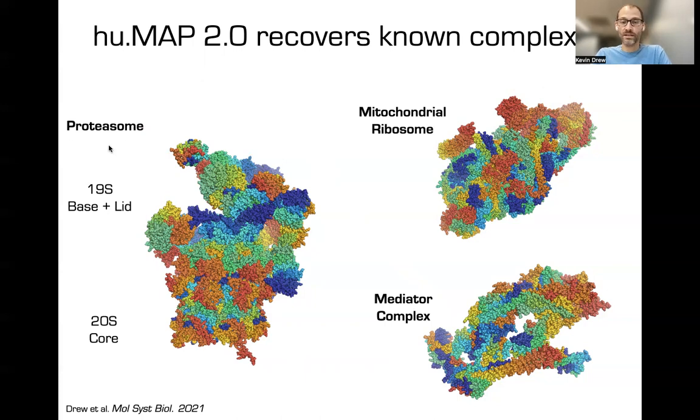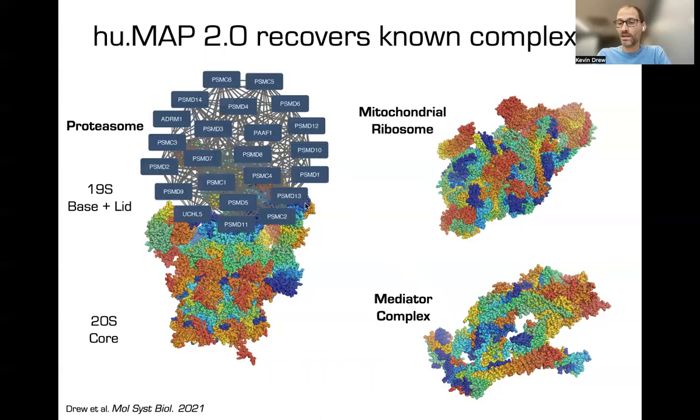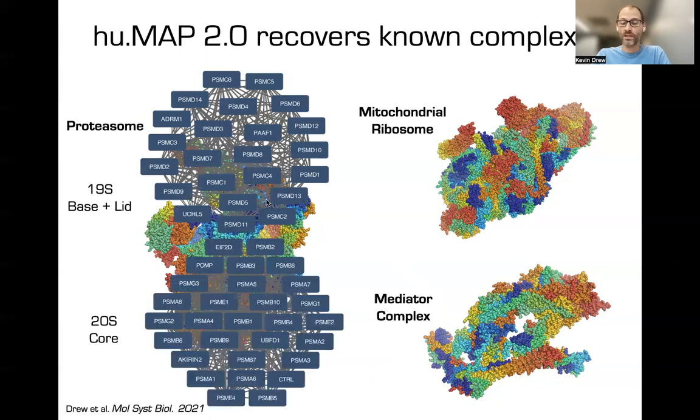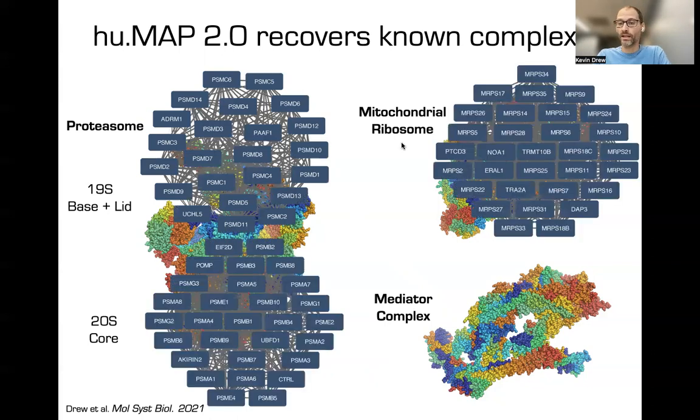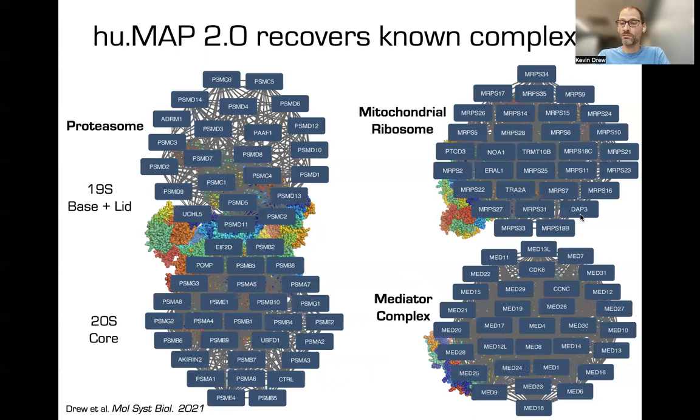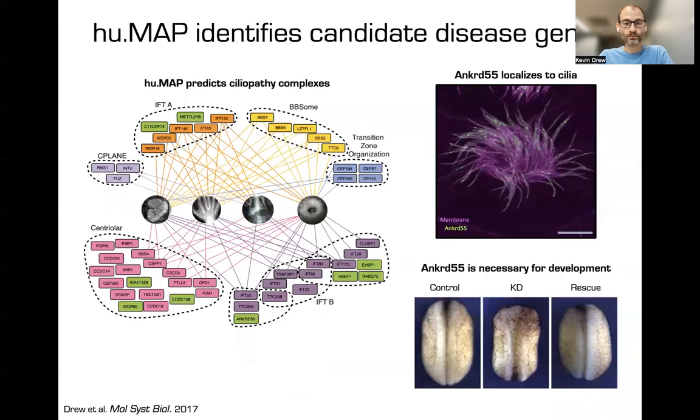We expect to see things like the proteasome, the ribosome and the mediator complex. And when we go looking, we see the 19S base and lid of the proteasome, we see the 20S core of the proteasome, we see the mitochondrial ribosome, we see the mediator complex. So this is some comfort that our pipeline is generating sensible biology, which is very good news.